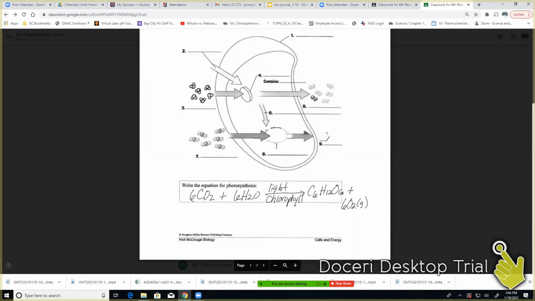And then on a sheet of paper, you're going to practice writing your equation for photosynthesis 5 times, and then your equation for cellular respiration 5 times on your piece of notebook paper. Y'all have both of those equations back in your notes. We wrote them at the bottom of that diagram. And then if you'll turn those in for a grade.